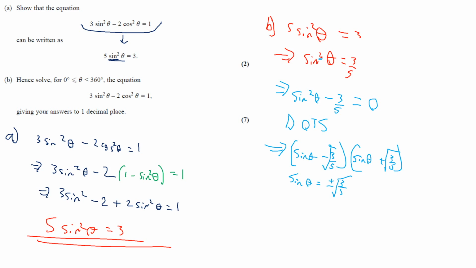Now what we need to do is find what theta is equal to. For the plus case, sine theta is equal to plus root 3/5. Theta should be equal to, you can plug this into your calculator, people.